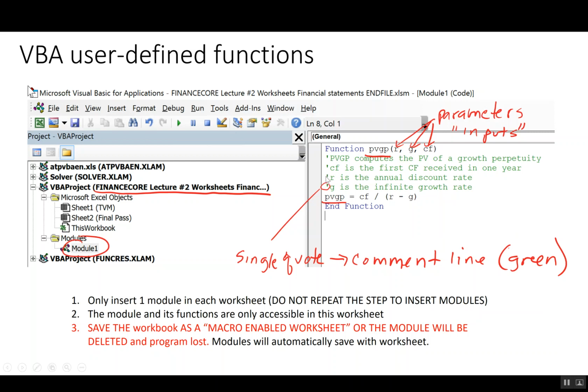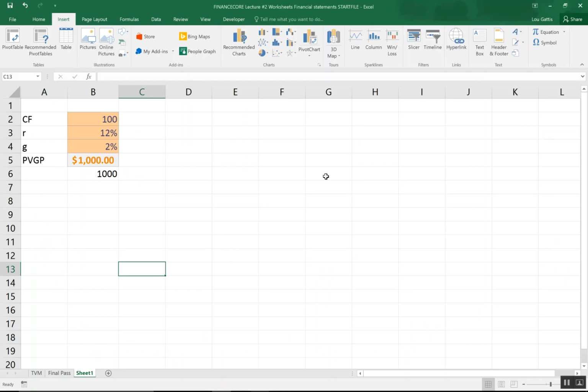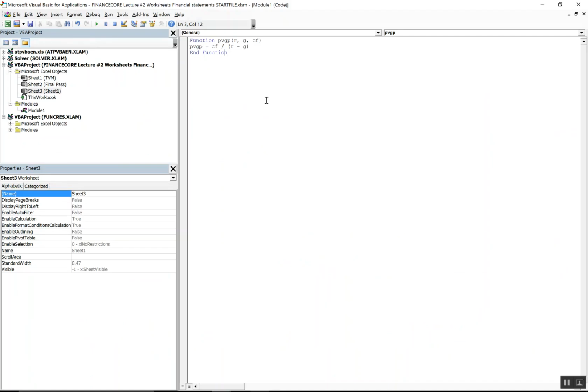In VBA, I'm going to go back with Alt F11. Anytime you put in a program line, I'm just going to insert a line right there by hitting enter and put a single quote and say PVGP computes the value of, I'll just say the present value of a no growth perpetuity.